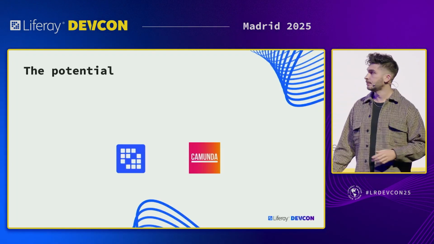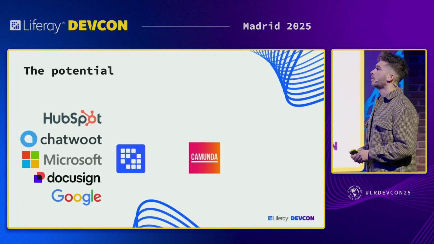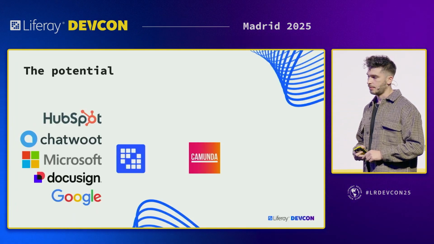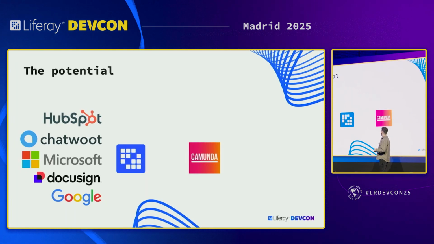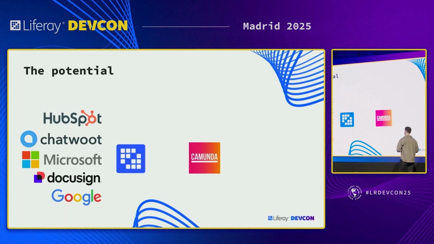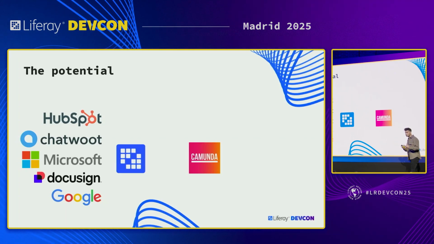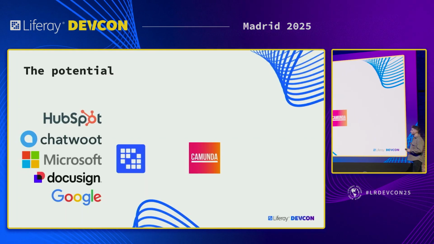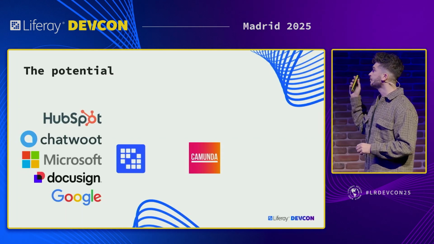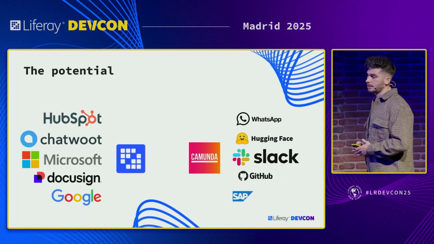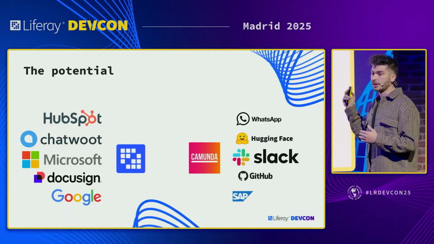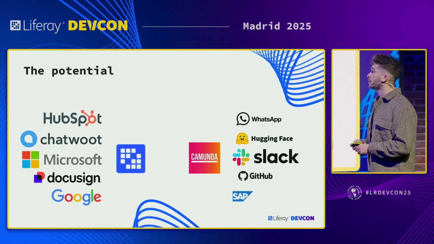Liferay already has a lot of integrations with great companies. There are just a bunch of them. And of course, adding Camunda, we can use the BPM technology too, but we can also adopt all the integrations that Camunda already has with other great companies.